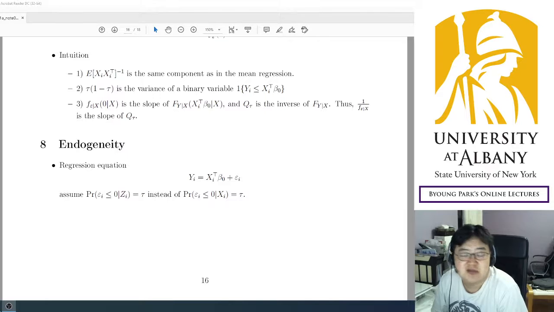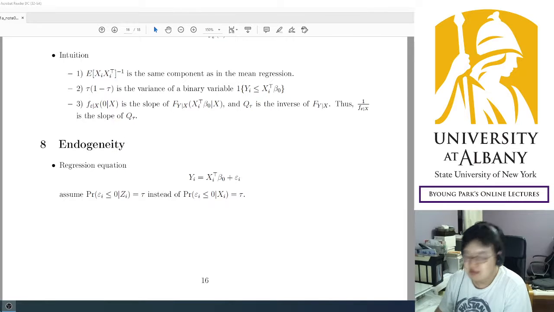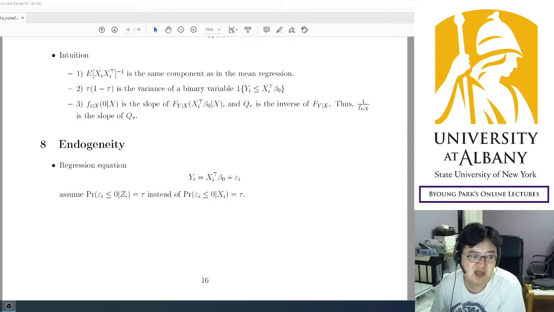And today I will explain some issues related to the endogeneity in quantile regression setup. So the regression equation is given by this, but in quantile regression we need to assume this. So usual quantile regression without endogeneity assumes this restriction: conditional on x, the quantile of epsilon is 0.